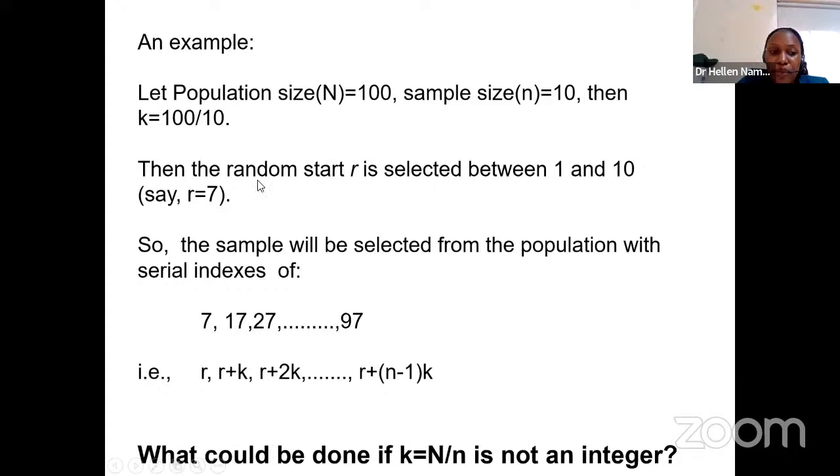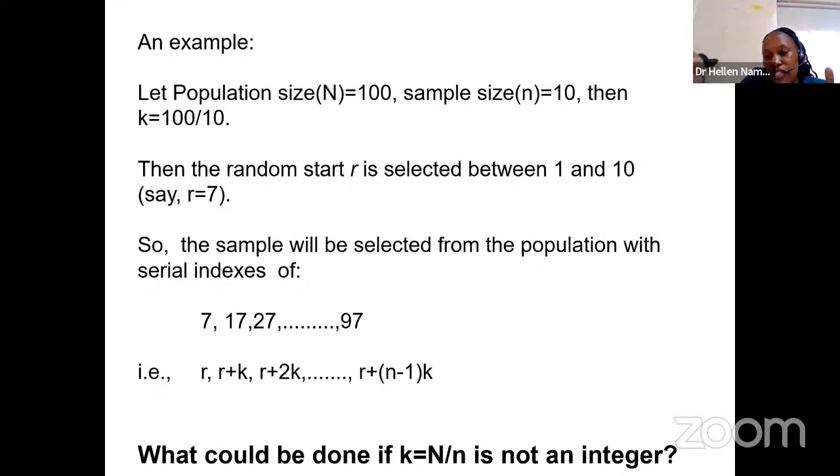So you need to select a start, where you're going to start from. If you're going to have from 1 to 10, remember you're going to pick every 10th. So you can pick randomly any number between 1 and 10. It doesn't matter where you start from.